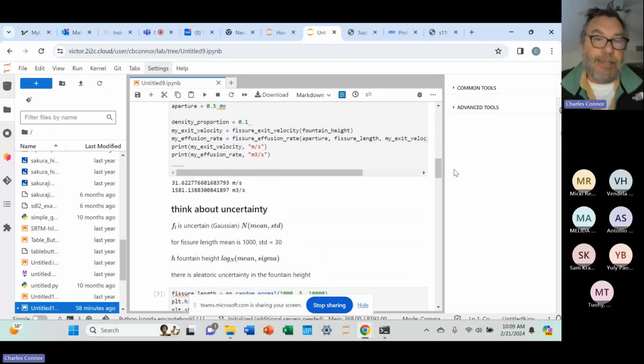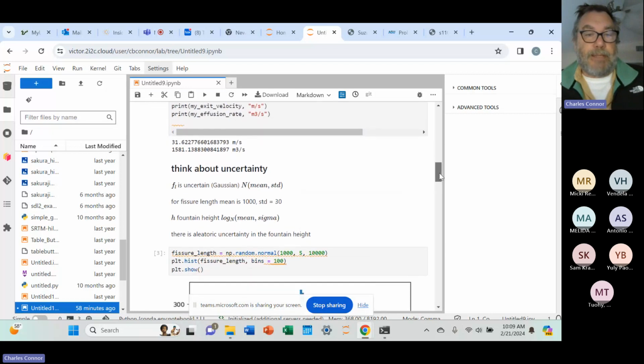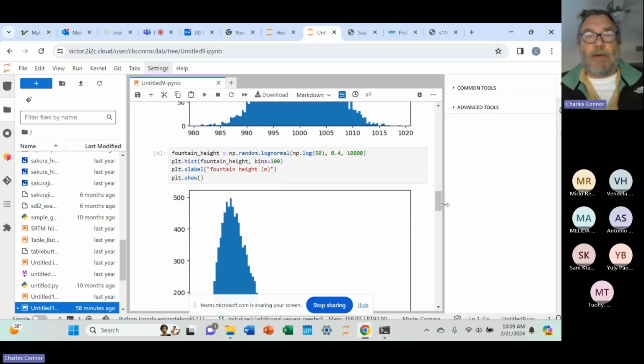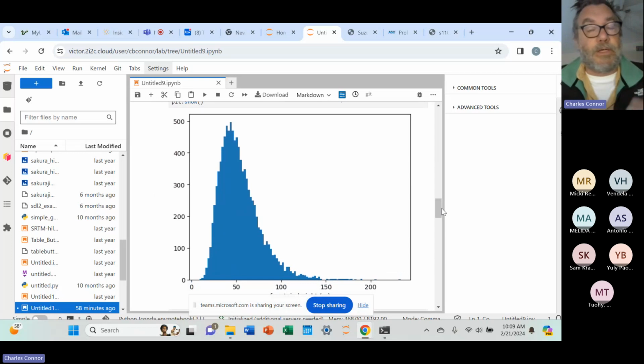A key thing about this was to look at uncertainty and the propagation of uncertainty through the problem. We did that with some simple Python tools, mostly from NumPy, where we looked at the fissure length as a random normal distribution. We looked at the fountain height as a log normal distribution, acknowledging that there's aleatoric uncertainty in the fountain height. That is, there is random variation in the fountain along the length of the fissure that we can observe directly.